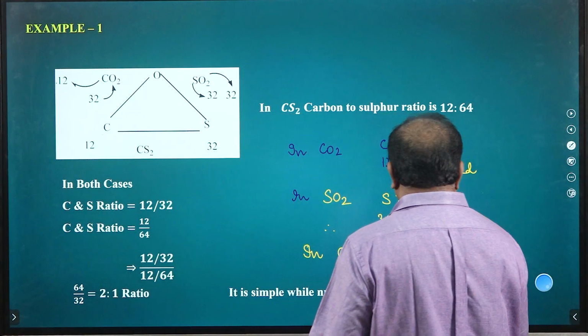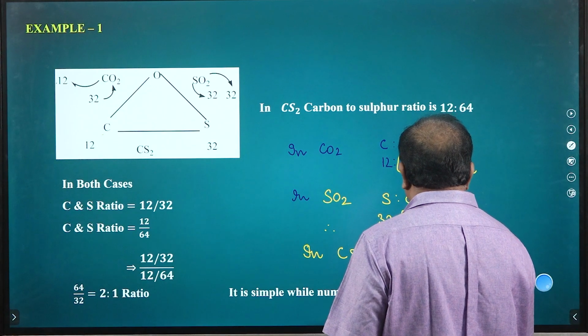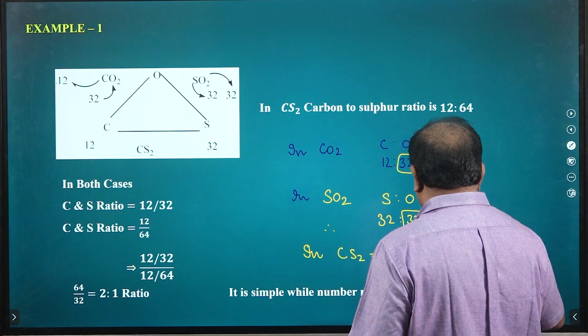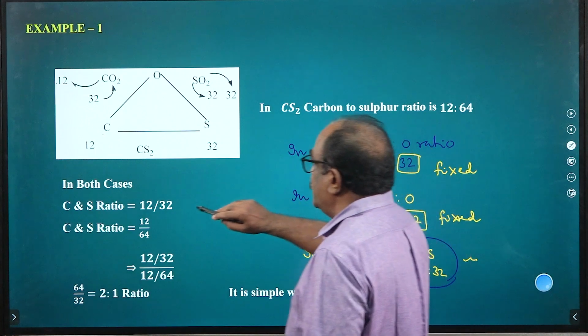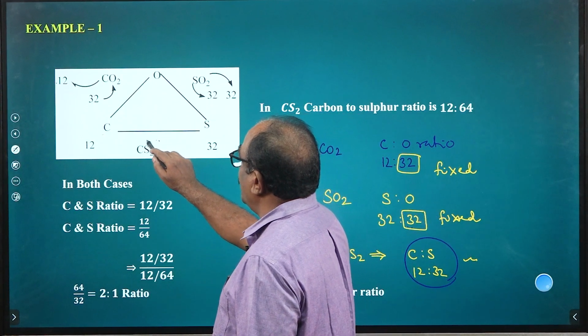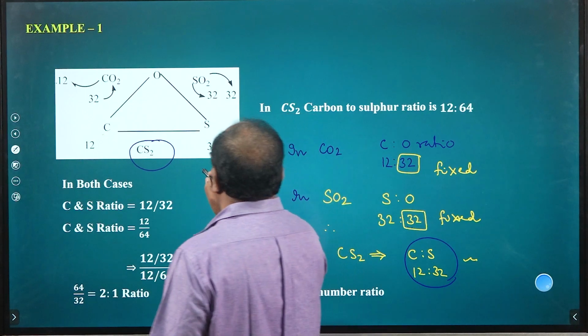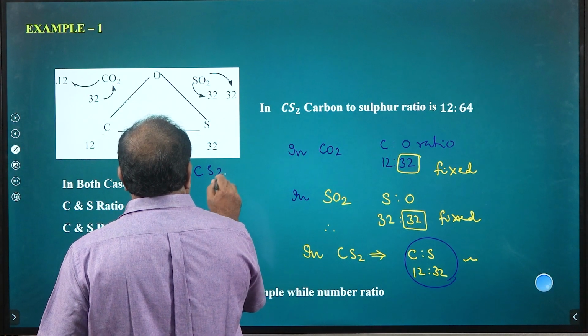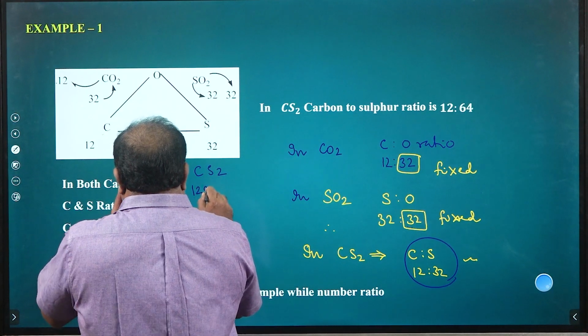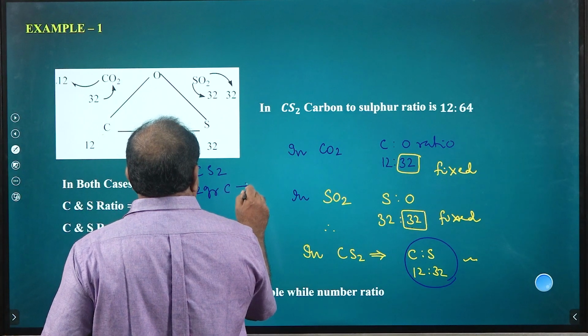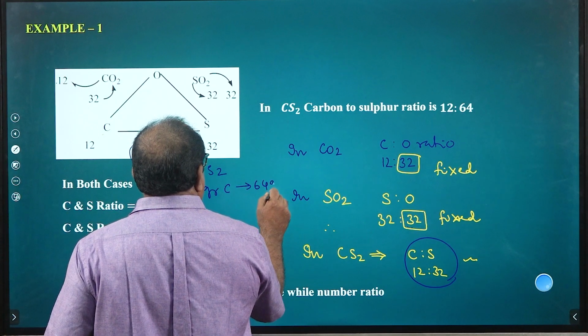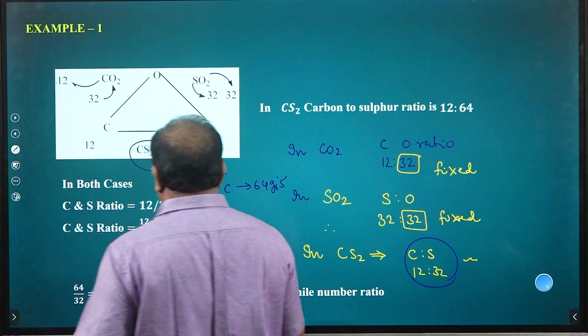For example, in the first case, from this data, the carbon to sulfur ratio will be 12:32. In the compound formation of carbon disulfide, every 12 grams of carbon is combining with 64 grams of sulfur.